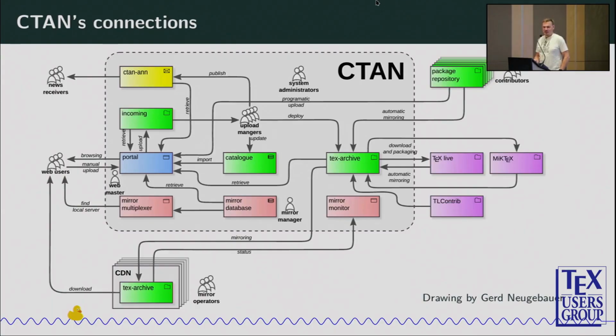The gray part is CTAN, and the outer parts where the little icon with the people are the users, the package authors, and the purple part are the distributions. You may notice that there is a loop between CTAN and the distributions. That's the case because CTAN hosts also the distributions, but the distributions take the packages from CTAN.